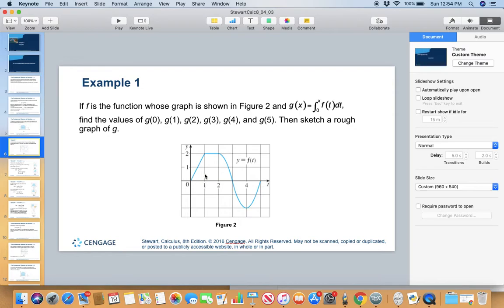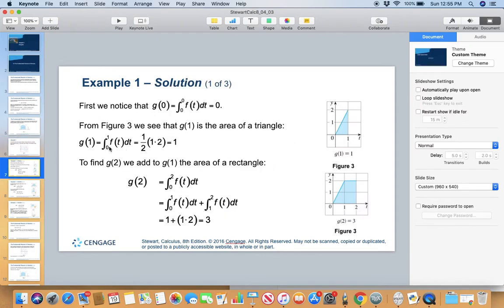That gives me just this triangle. What is the area of this triangle? Half base times height. Half times 1, that is half, times 2, that's 1. The 2 cancels the 2. Total area is 1. So you found g(1).